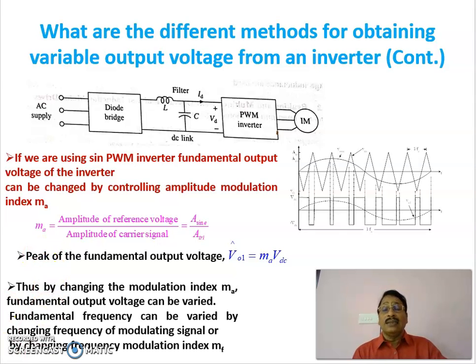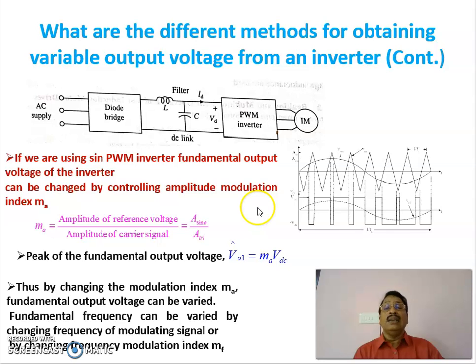Therefore, in stator voltage control of an induction motor, the stator voltage can be controlled by controlling the PWM inverter. In a sine PWM inverter, that can be done by varying the amplitude modulation index MA, or by varying the magnitude of the modulating signal.